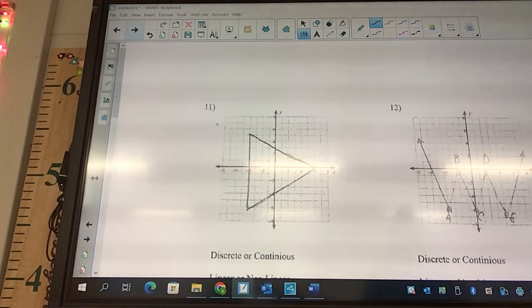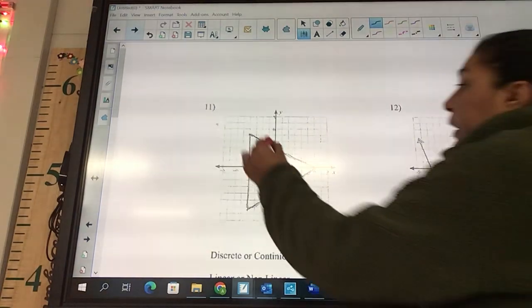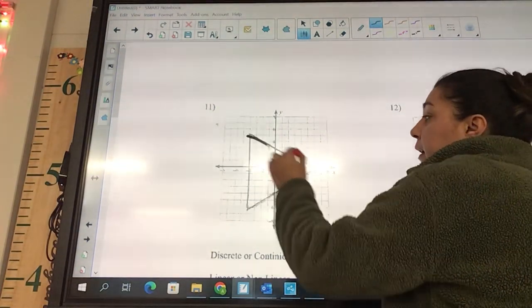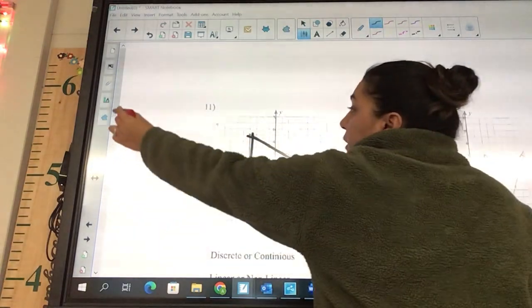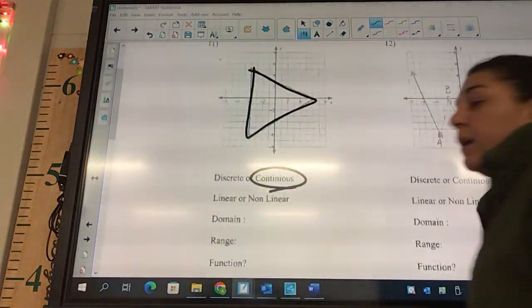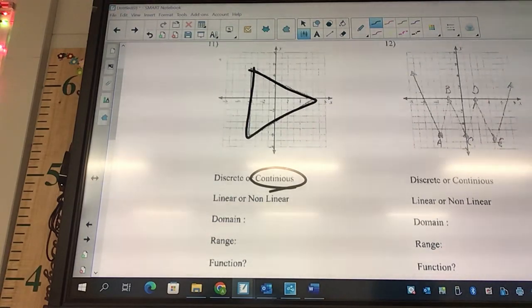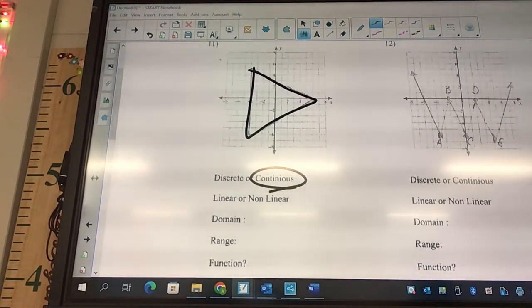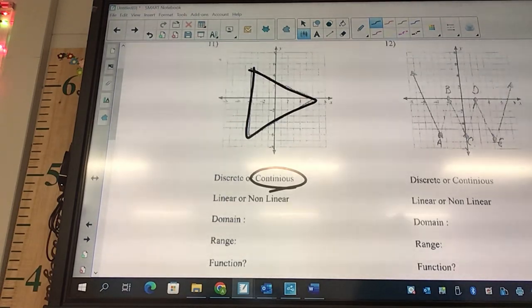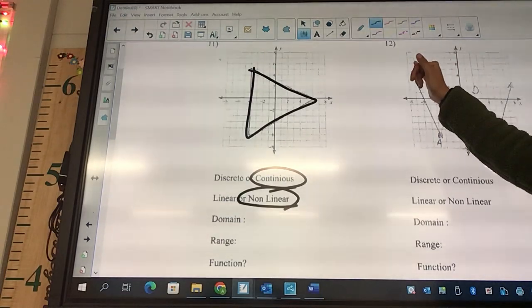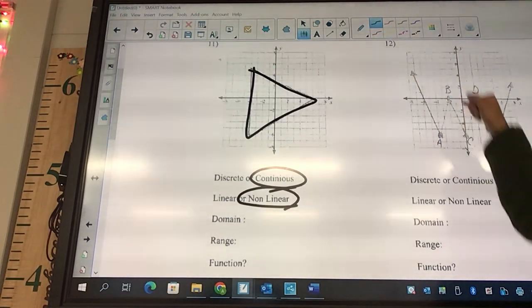It keeps going. You don't have to lift your pencil up. So can I start here and make it all the way back without picking my pencil up? Yeah, I can. So this is going to be continuous. Is it linear or non-linear? Is it a straight line? It's non-linear. Even though this part's straight, it has to move.